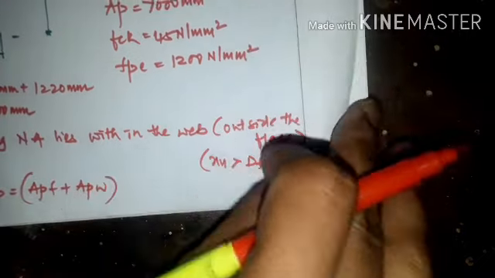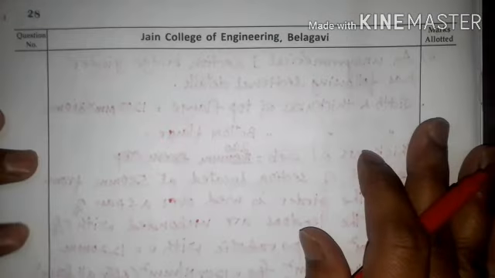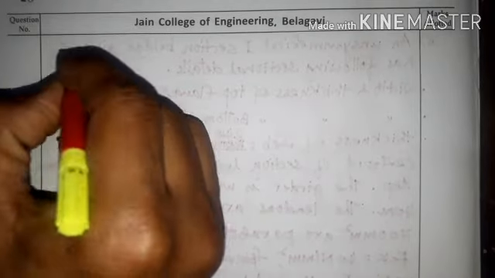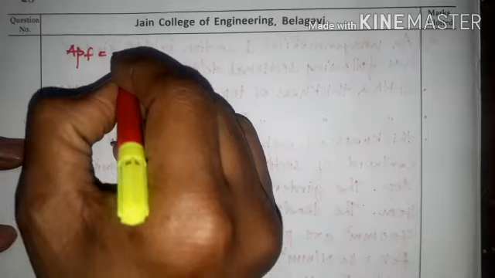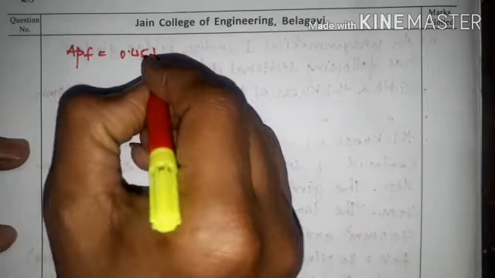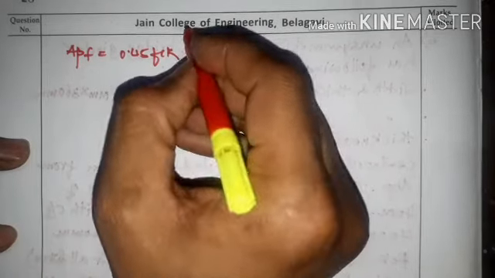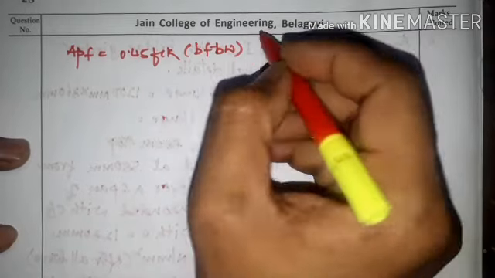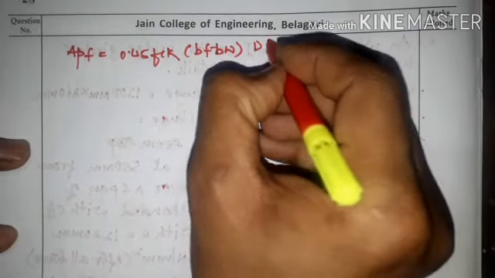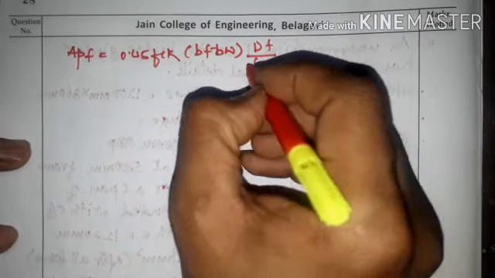Therefore APF is 0.45 FCK into BF minus BW into DF upon FP.